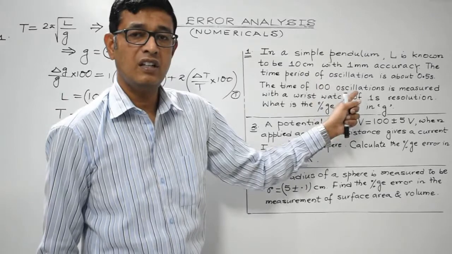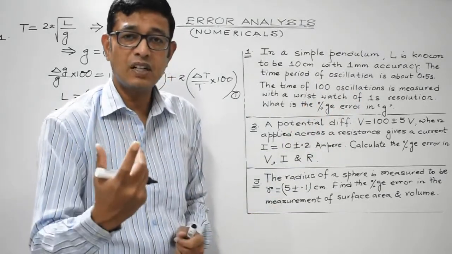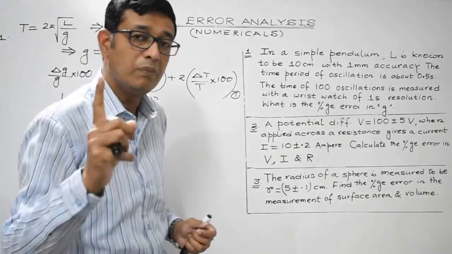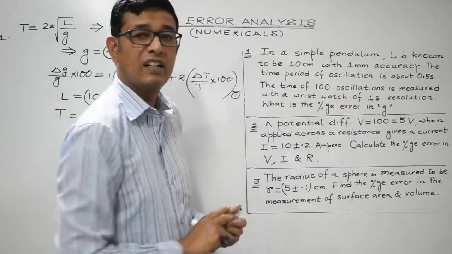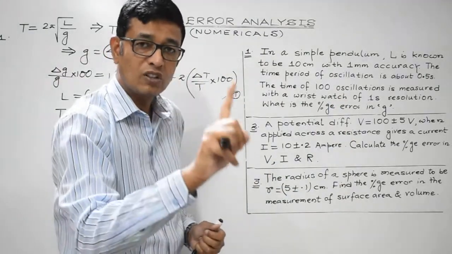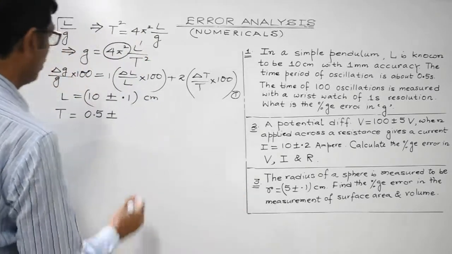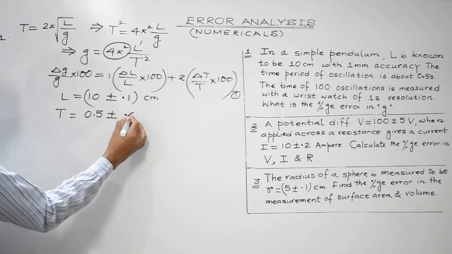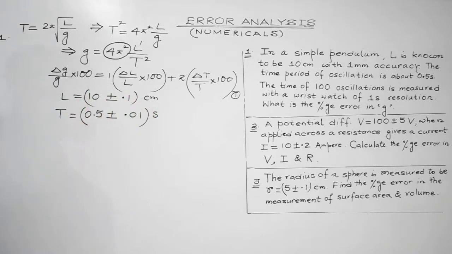Here we need to consider one oscillation, because that's the time period. So for 100 oscillations the resolution is 1 second, therefore for one oscillation the resolution will be 1 by 100 seconds, that is 0.01 seconds.